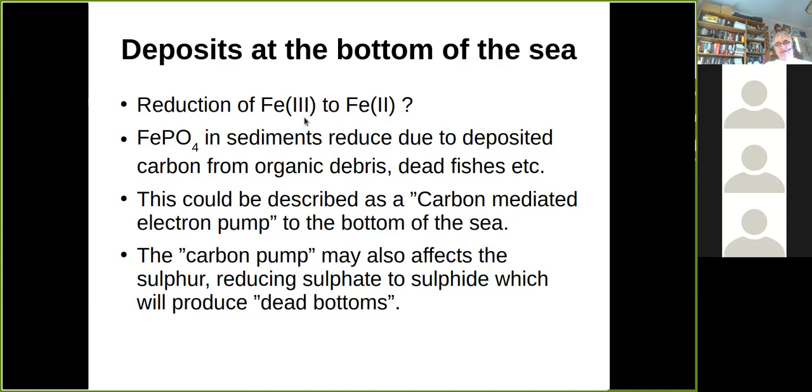Well, then it's exactly the same as for the nitrogen. The high oxidation state is stable in the vicinity of oxygen gas, and the low oxidation state is stable far away from the oxygen gas area.